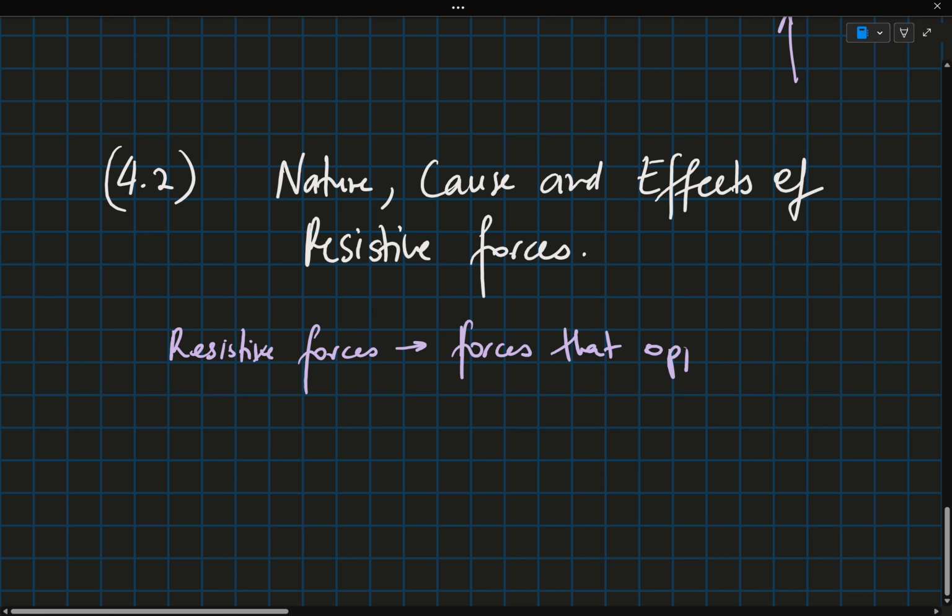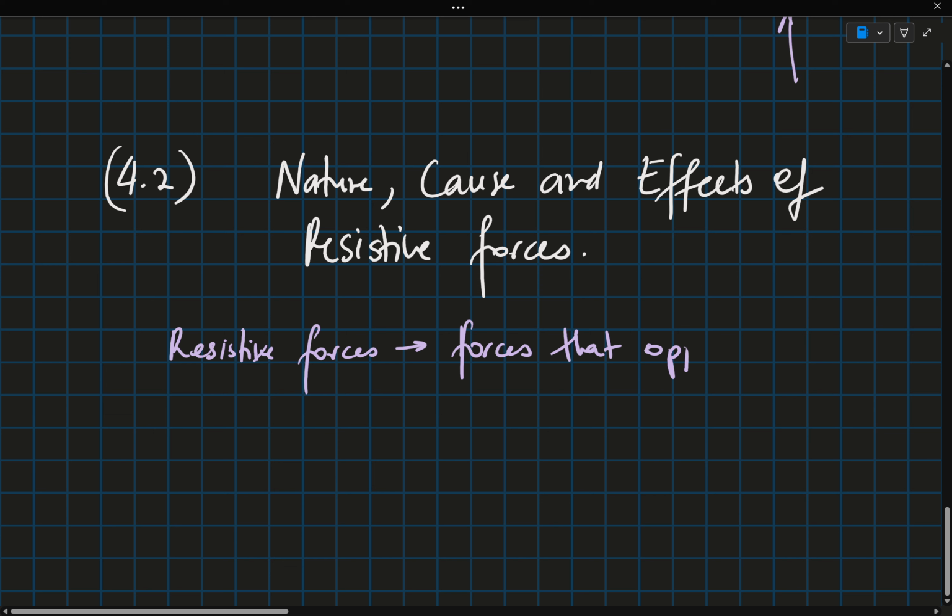So let's write that there. Let me just put heat as the example. Deformation can happen as well, but we're not going to look at that. Just heat.